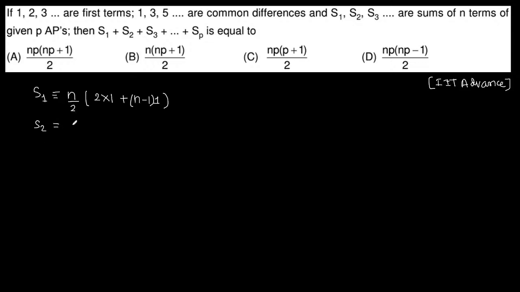S2 is n by 2, 2 into 2 plus n minus 1 into d.